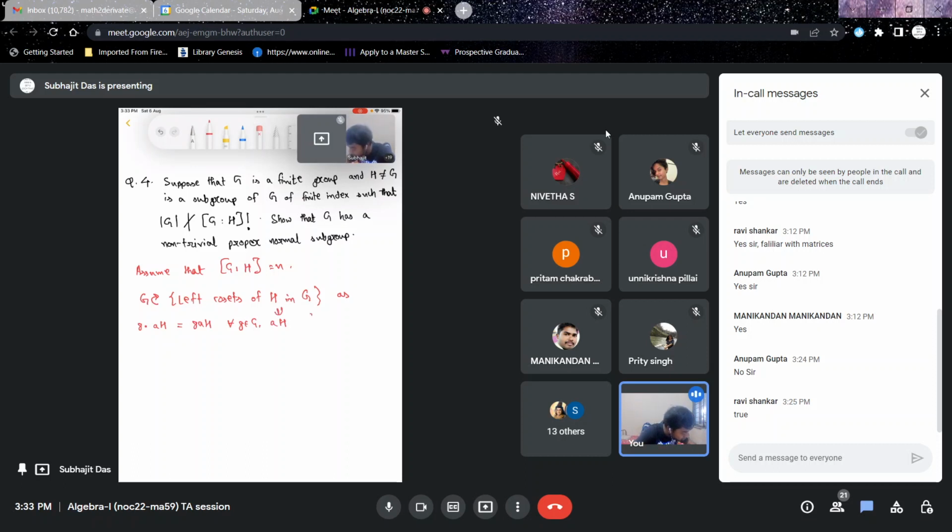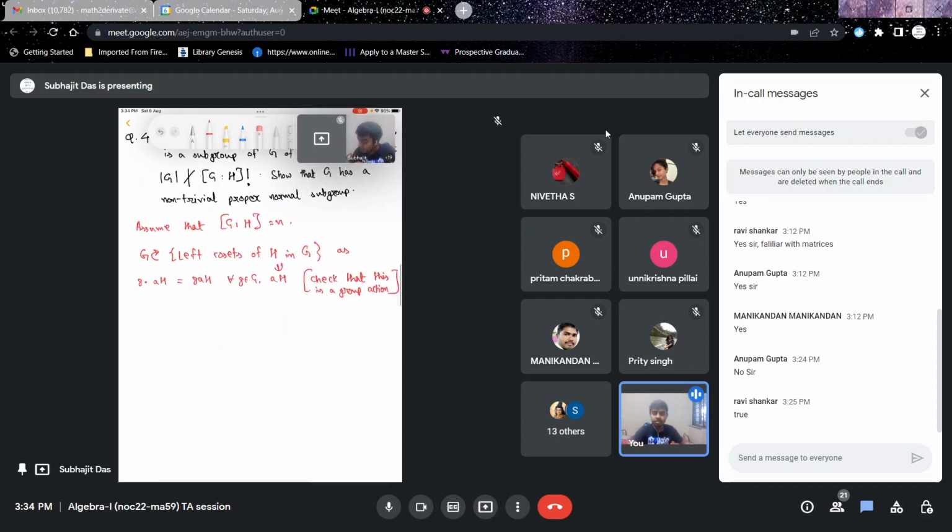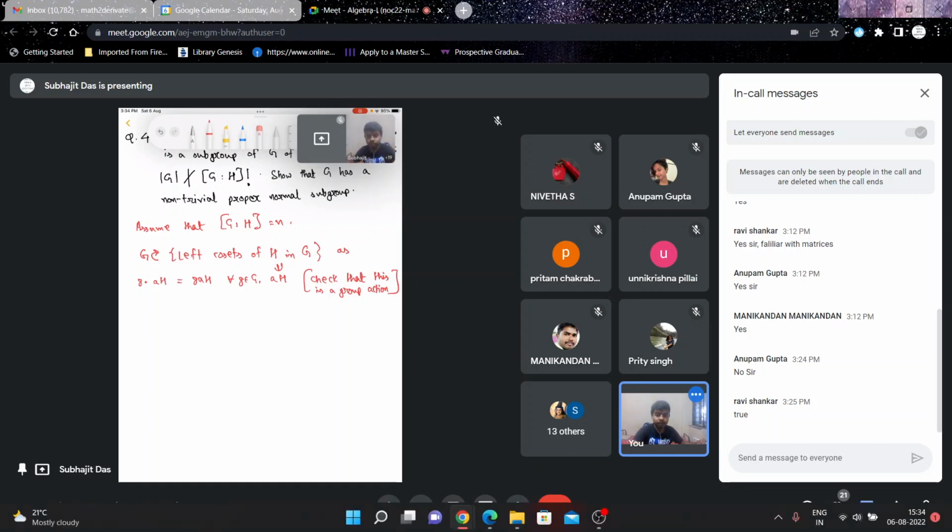You just check that this is a group action. You know the axioms of a group action. Whenever a group acts on a set, it should act nicely, that is, the group structure should be reflected in the action.